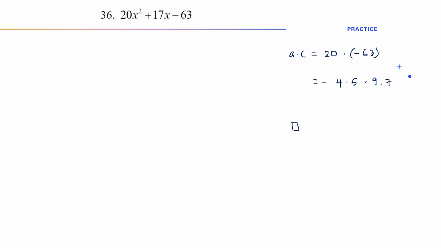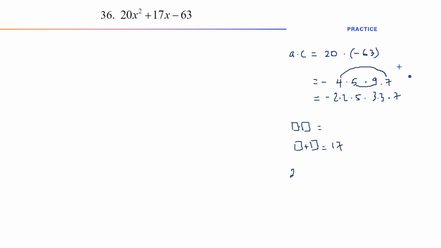We can break it down further, but I like to keep it simple. You can do minus 2 times 2 times 5 times 3 times 3 times 7, those are the prime numbers. But I look at it and I see that I can have 28 and 45, where the difference between those numbers is 17, right? So 4 times 7, 28, and 45.